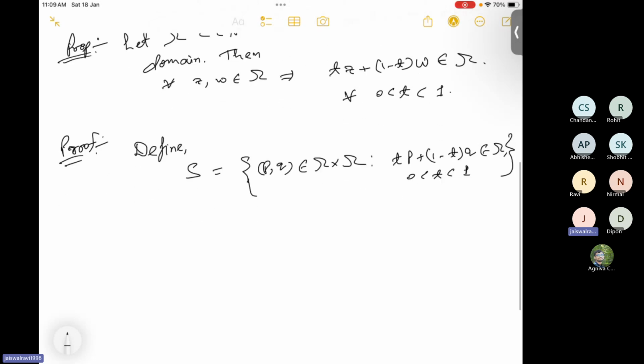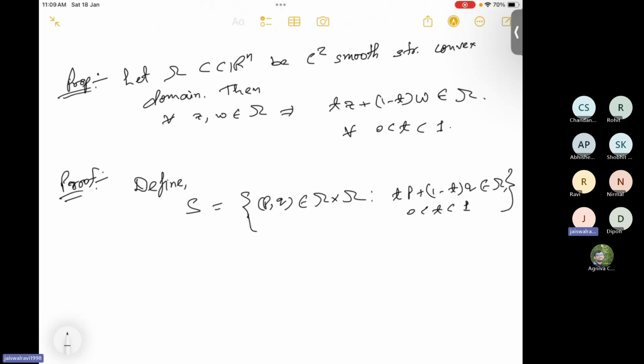So if we can show that S is a connected domain, then S is exactly omega cross omega, and we will have the geometric convexity, this result, this star. So we have to prove S is basically open and closed in omega cross omega.